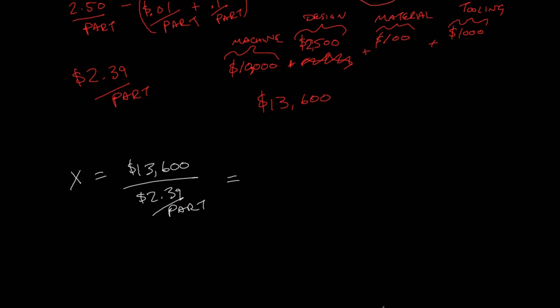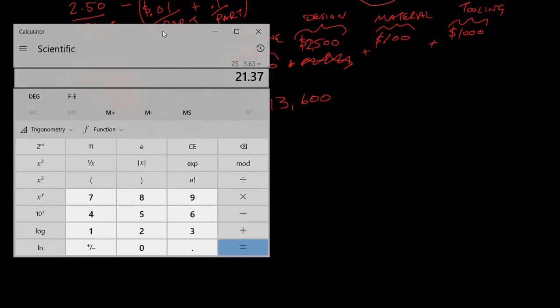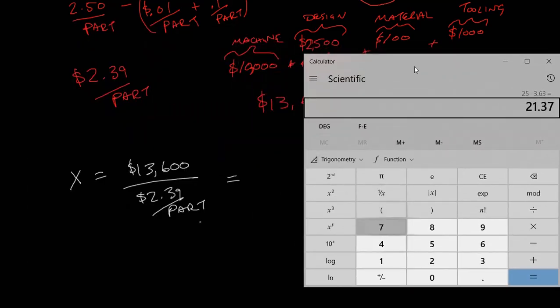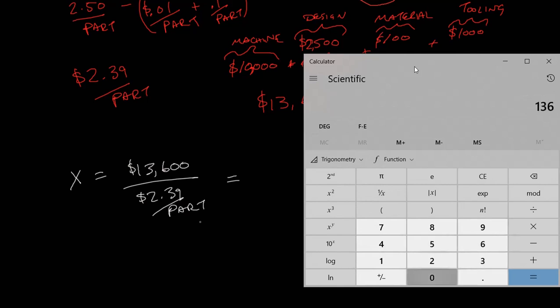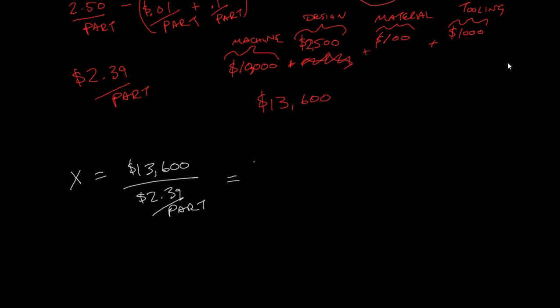So that would equal 13,600 divided by 239. So we have to sell 5,690.37. So we actually have to sell one more, so 5,691 parts.